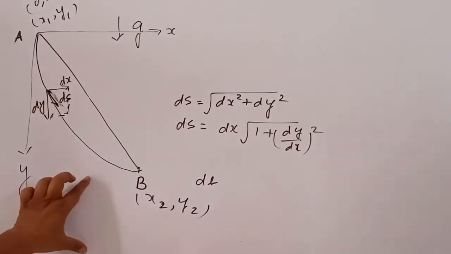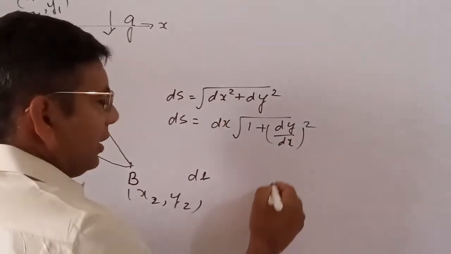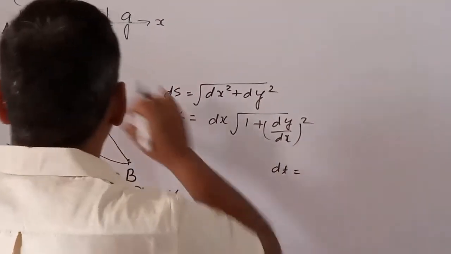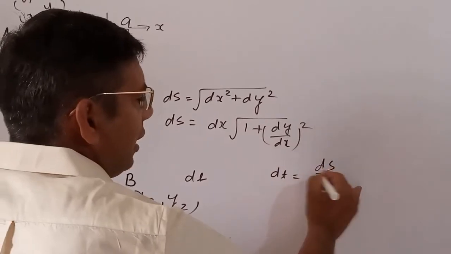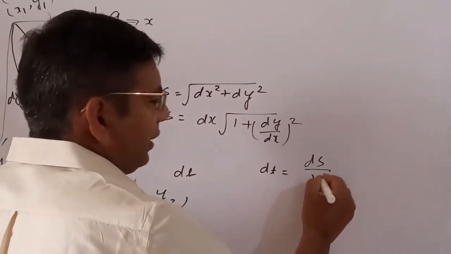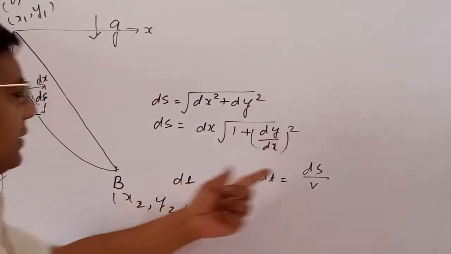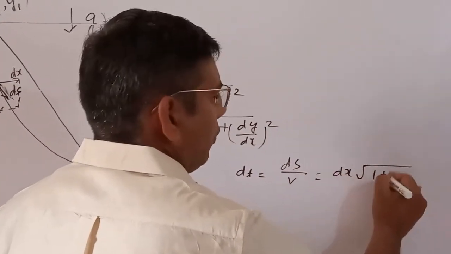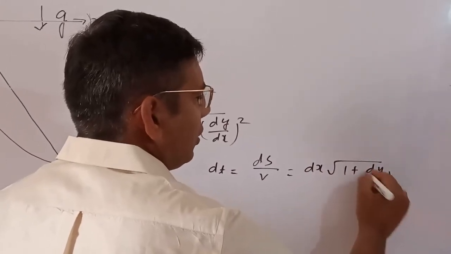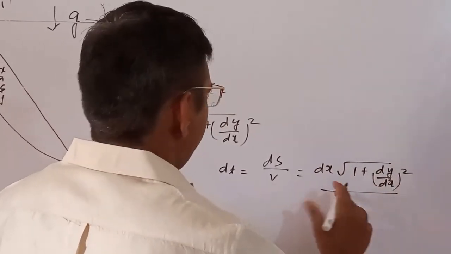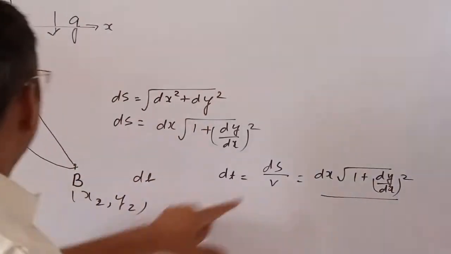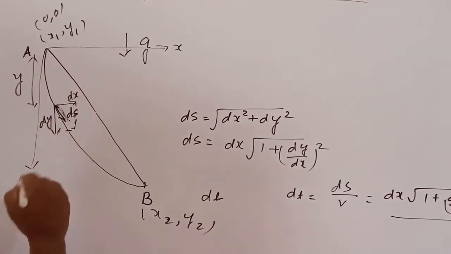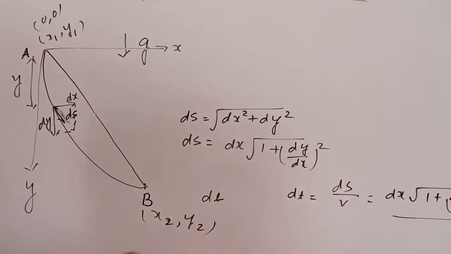So at any instant of time, in time dt, we travel a length ds with velocity v. So how do we find dt? ds we have already calculated: dx times the square root of 1 plus (dy/dx) squared, divided by v. So what is v here? Because this is y, it's a free fall.